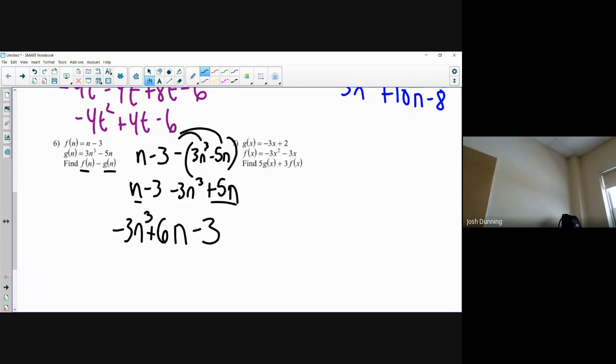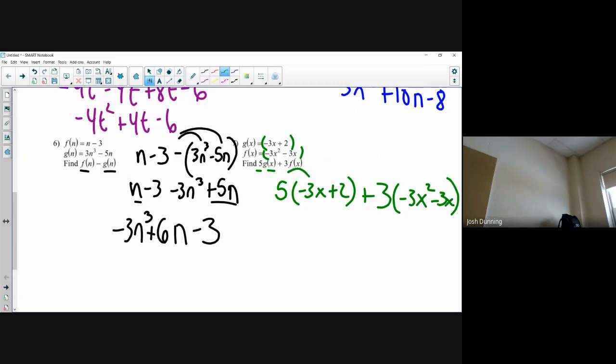Now 7, 5 times g. Now I got to multiply all of g, so I need parentheses, plus 3 times f. Again, use parentheses. Make sure you multiply that whole thing by 3. Distribute the 5.